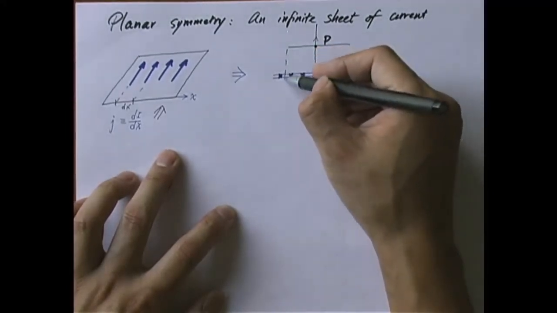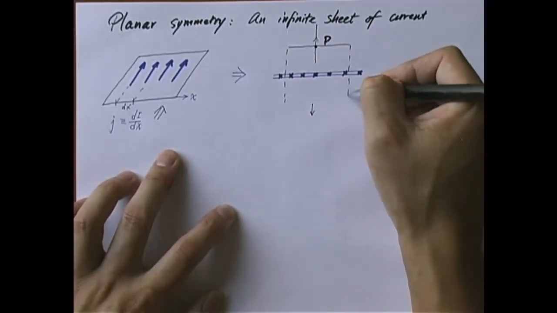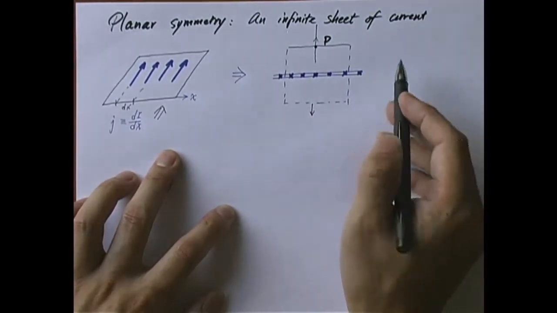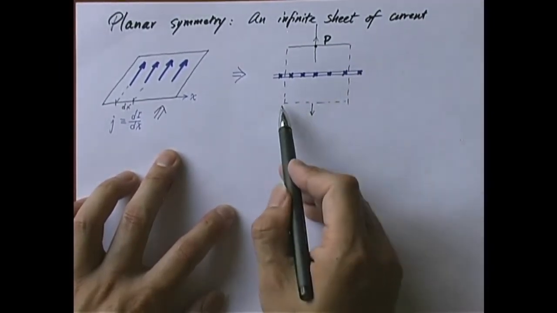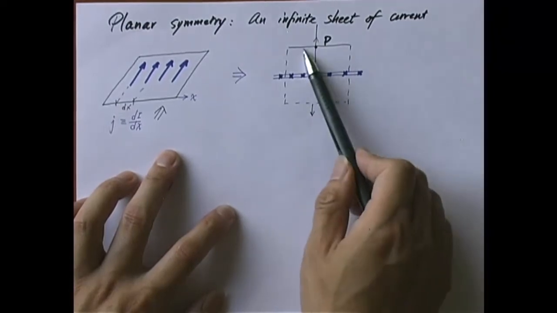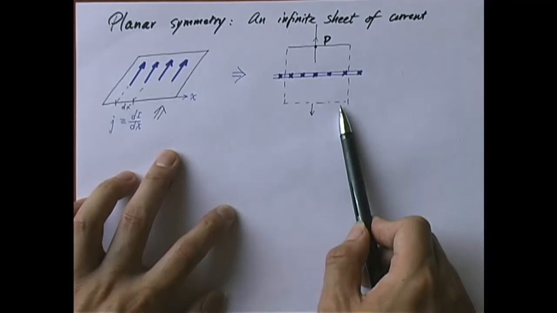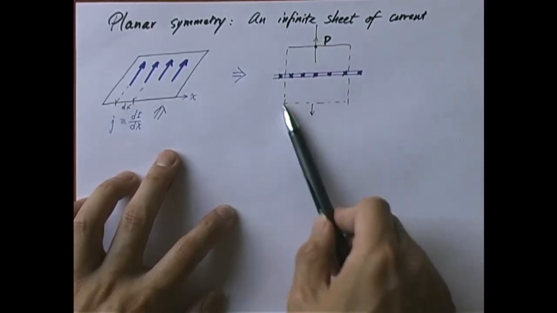Suppose you draw a box, not a loop, but a box. Then guess what? On the surface of this box and on that surface of the box, you have a net magnetic flux going out and a net magnetic flux going out. And what is wrong with that? Well, you will get a net magnetic flux over this box.